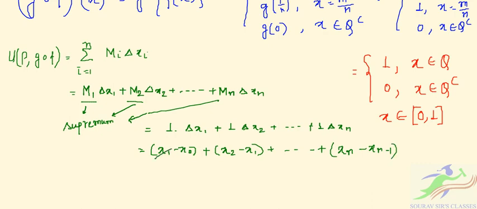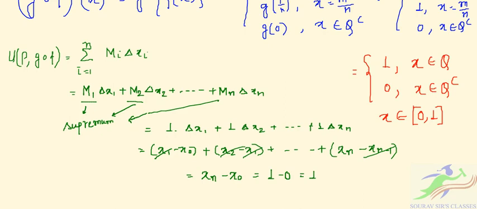We will see that every term gets cancelled out and we are left with xn minus x0. We have considered the partition where xn is 1 and x0 is 0, so it will be 1. So our value for the upper sum is 1.